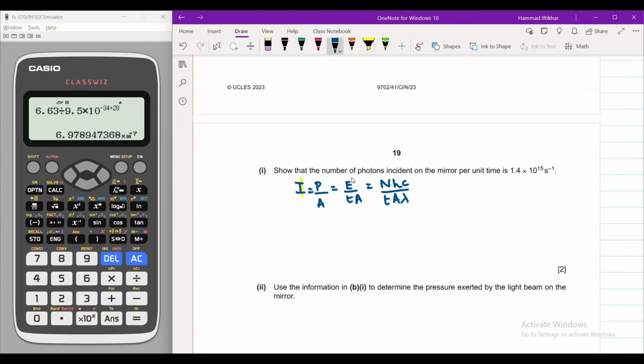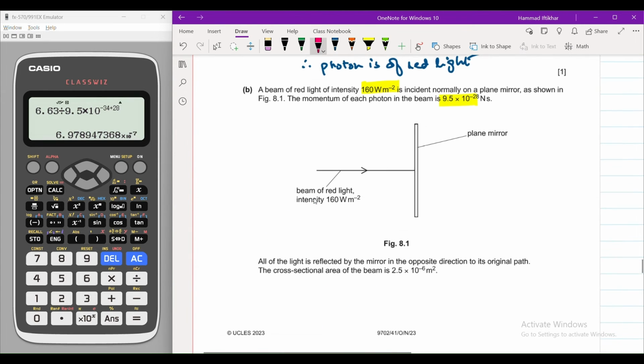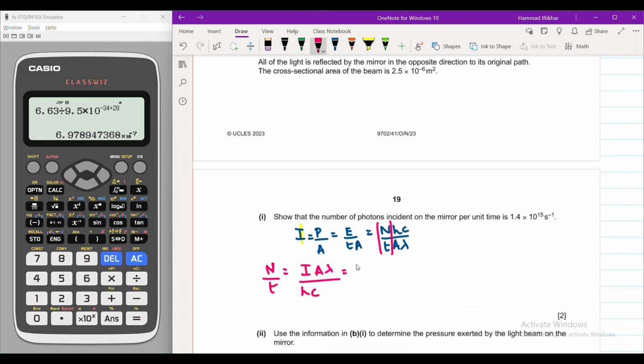We need to find the number of photons per unit time, n over t. If we isolate n over t, this becomes I A lambda over h c. So intensity is 160 watts times the cross-sectional area, given as 2.5 times 10 to the power minus 6. Lambda was 700 times 10 to the power minus 9.